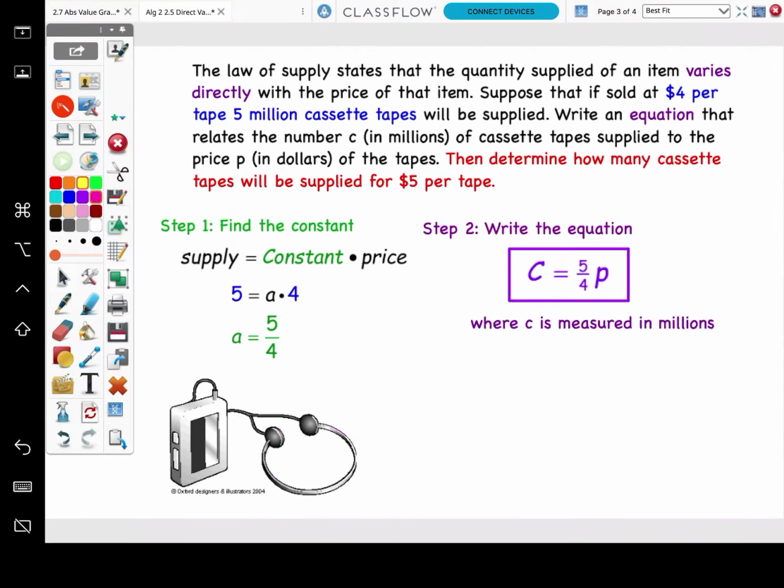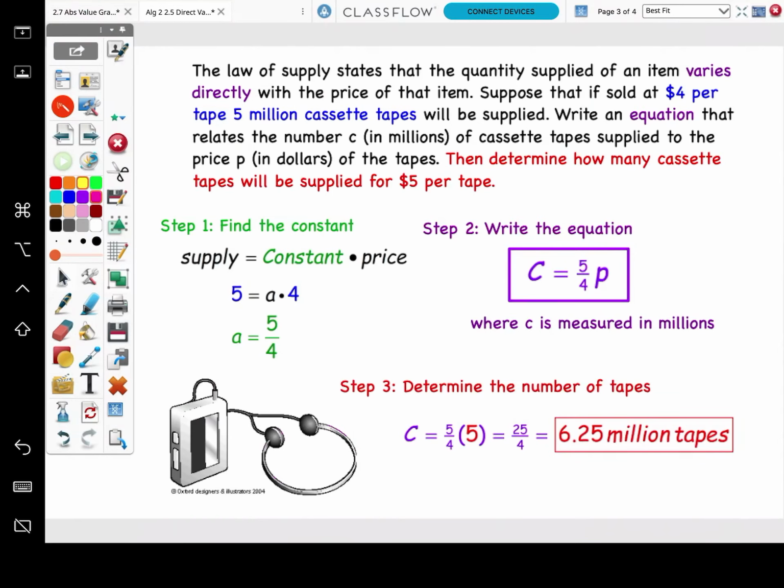Our equation then: number in millions of cassette tapes equals 5/4 P, where P is the price. And then we figure it out. Our last sentence there tells us what to plug in where, and we figure out 6.25 million tapes would be supplied if we were selling them for $5 per tape.